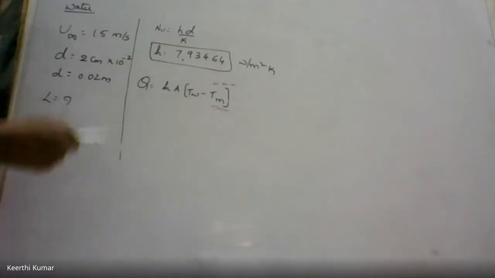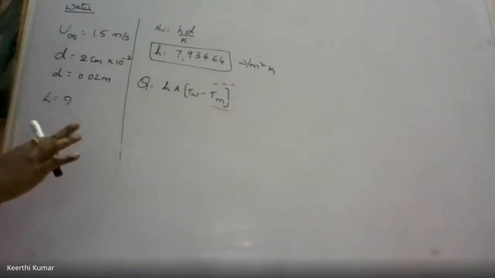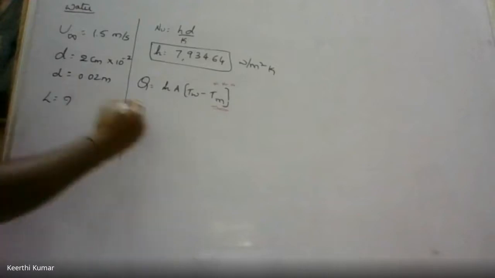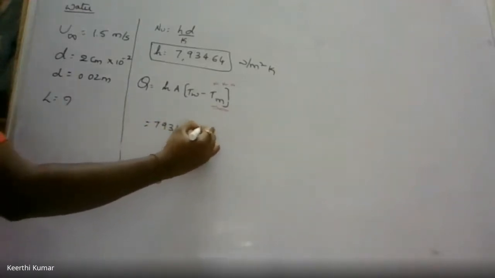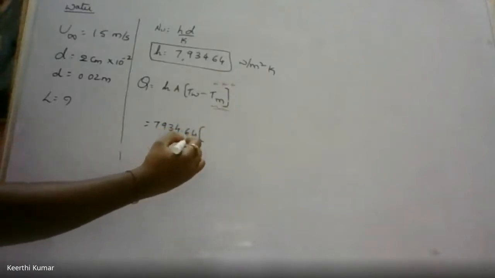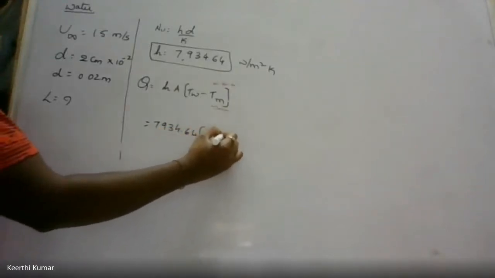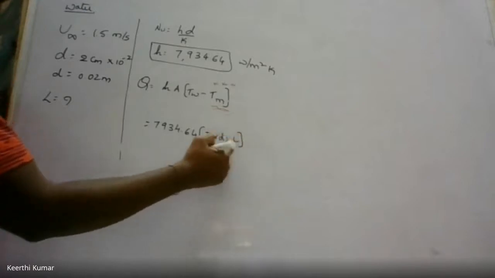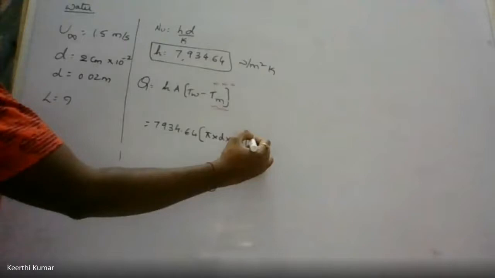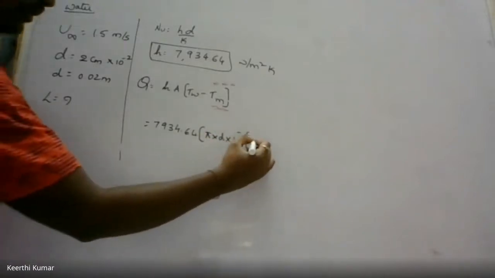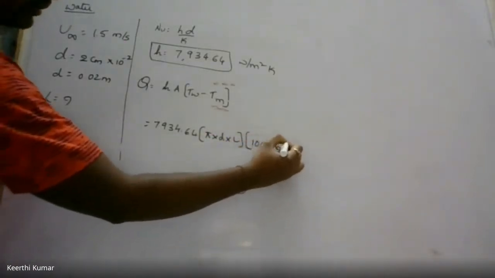So again, we are converting the three temperatures into two temperatures. What is the h value? 7934.64. Area is pi d L. This is what we have to calculate, into T wall minus Tm, that is 100 minus 60.